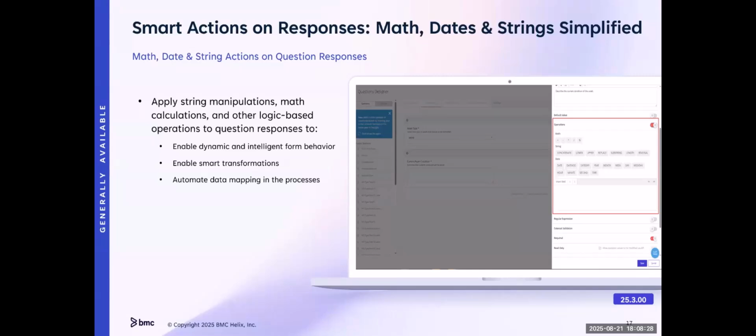So let's assume you had to concatenate 5 fields and show it to the end user in one single response, right? You never had that capability. You had to always do all of this on the server side when this request was submitted, right? And then you had no way to stop once it was submitted because it's gone to the server and the request is submitted. So at times you had to ask your users to cancel the request and resubmit the request.